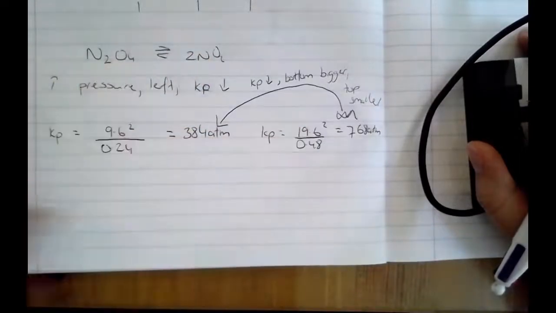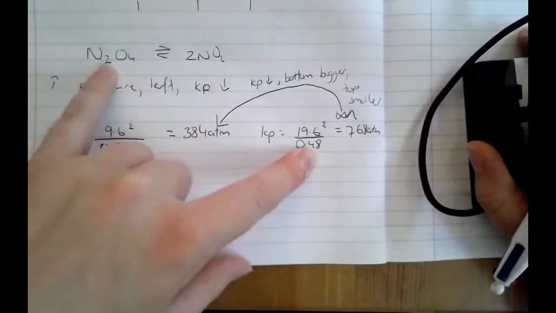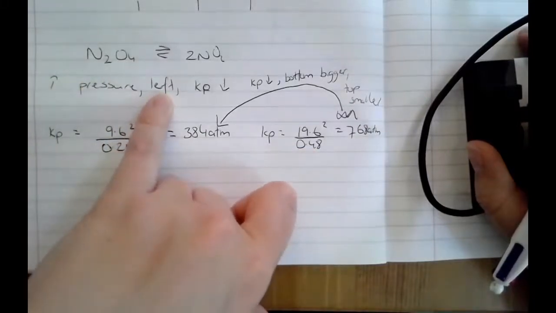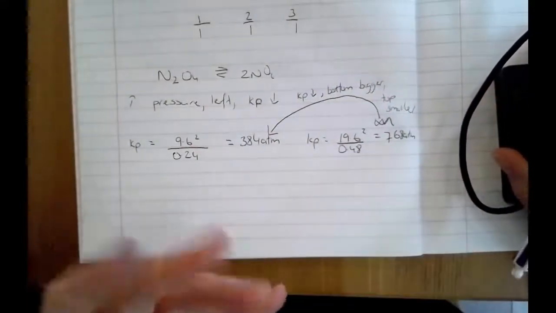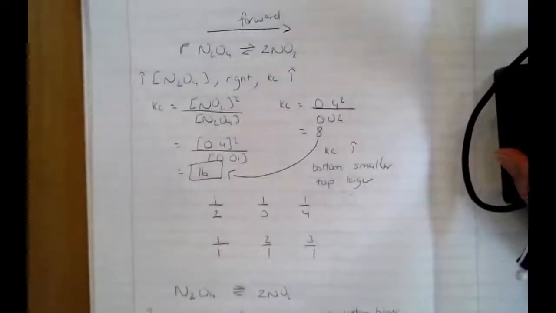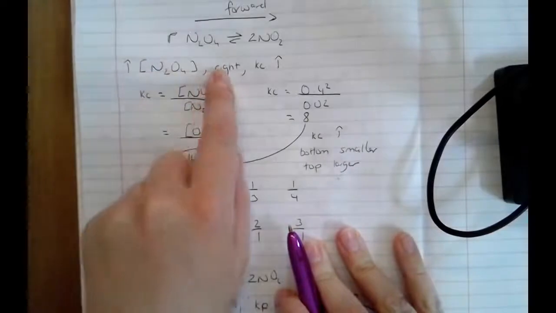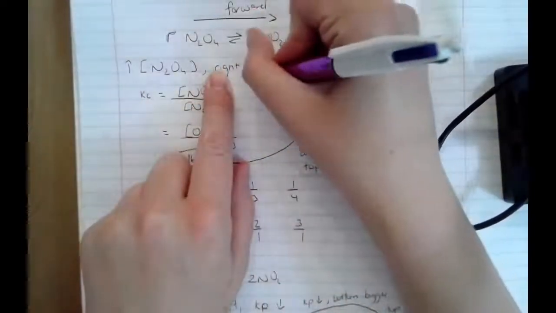And if I want the N2O4 value to get bigger, then I do need equilibrium to shift to the left, which is true according to Le Chatelier's principle. So if we look at all of this together, it's not okay to say that if you increase the concentration, it moves to the right and Kc increases.